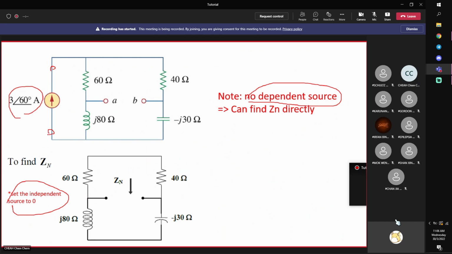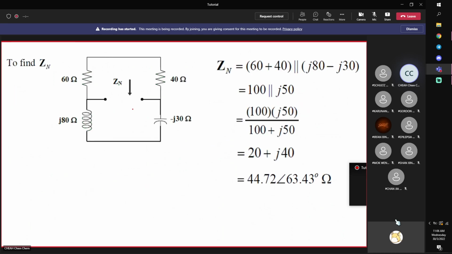Open. Right? When you open it, then no more current flows through here. So it looks like this. And then look into terminal A with respect to B and try to find the equivalent impedance.